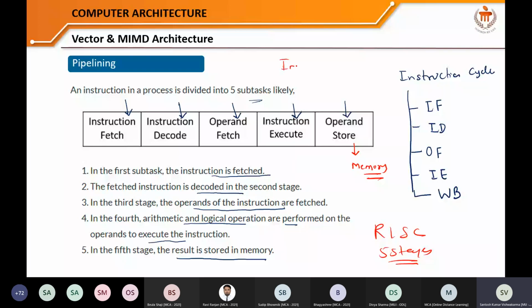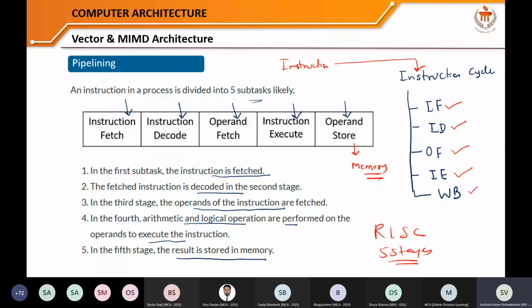The instruction cycle can be shown through 5 subtasks. The first is instruction fetch, second is instruction decode, third is operand fetch, either from memory or from registers. Next is instruction execute, and the last is write back, that is, operand store in memory.